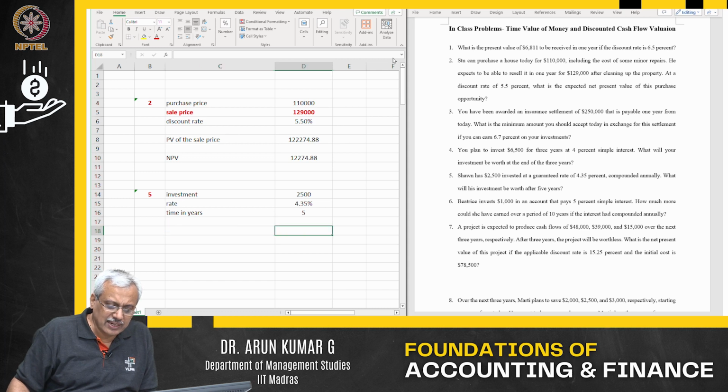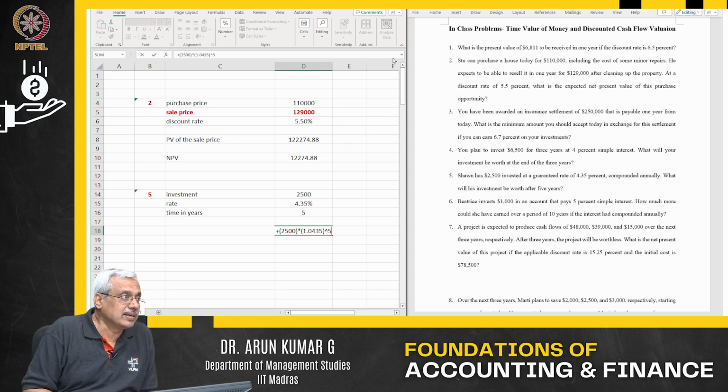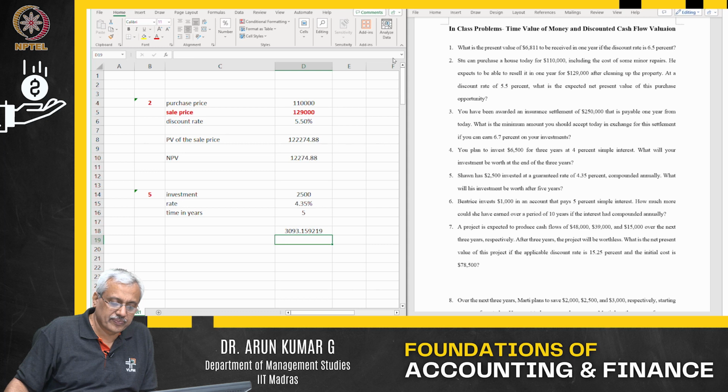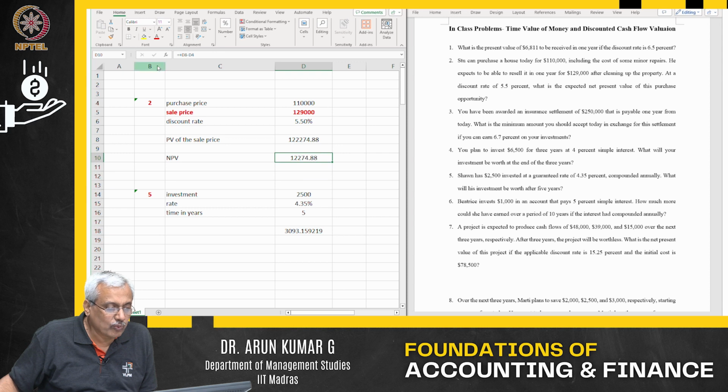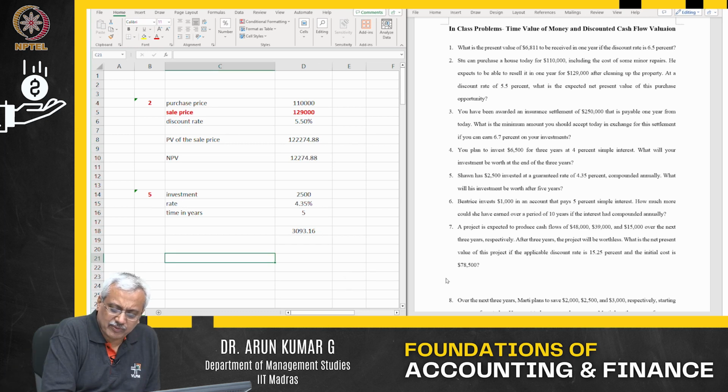Please note, this is getting compounded annually. So 2,500 times 1.0435 to the power of 5. This is what we are looking at in this case. It will be worth about 3,093.16.